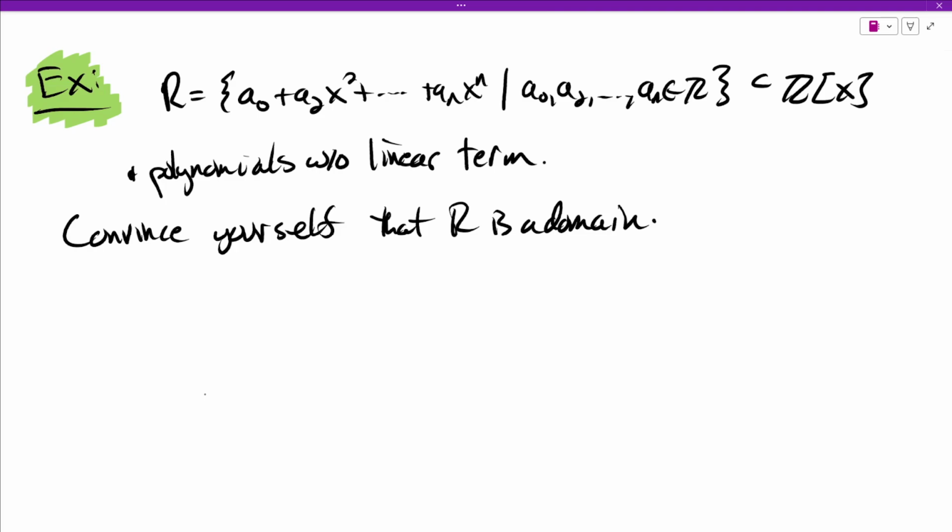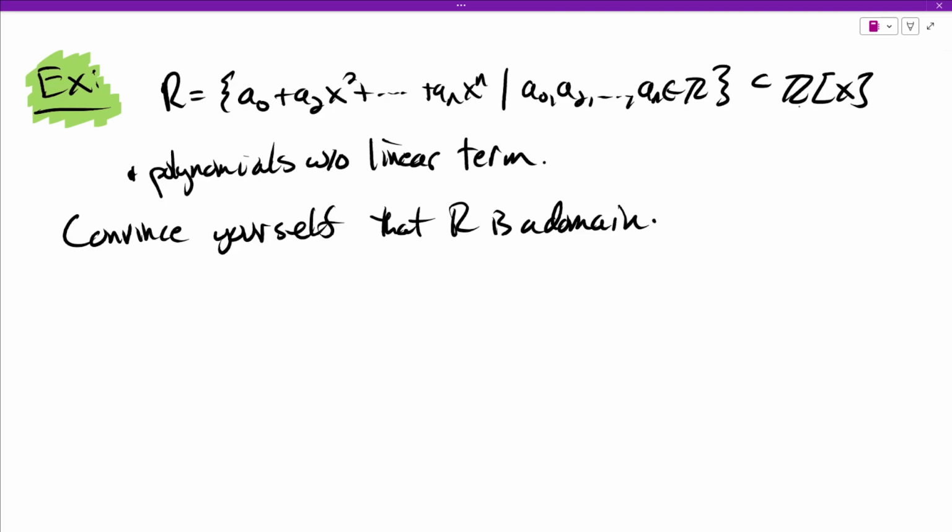The answer is yes, because you're asking the question. Take a moment, show this is in fact a subring of Z adjoint X. And since it's a subring of a domain, it is also a domain because it's a non-zero subring of a domain. Great.